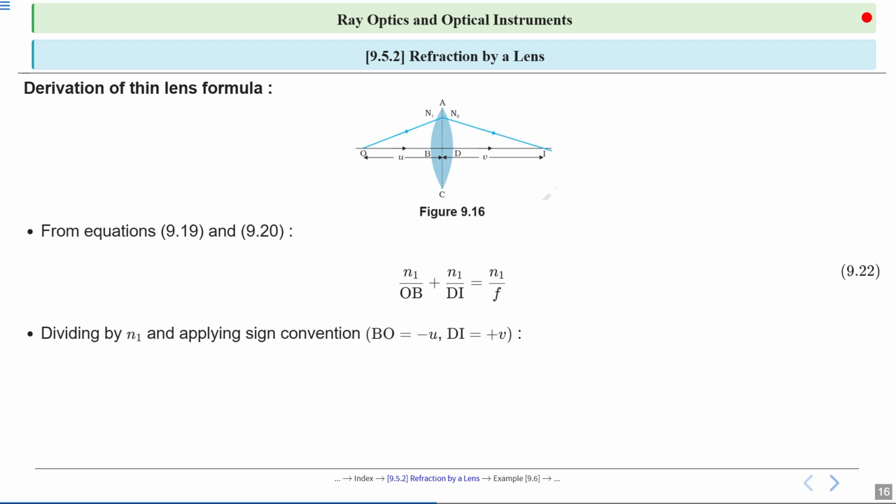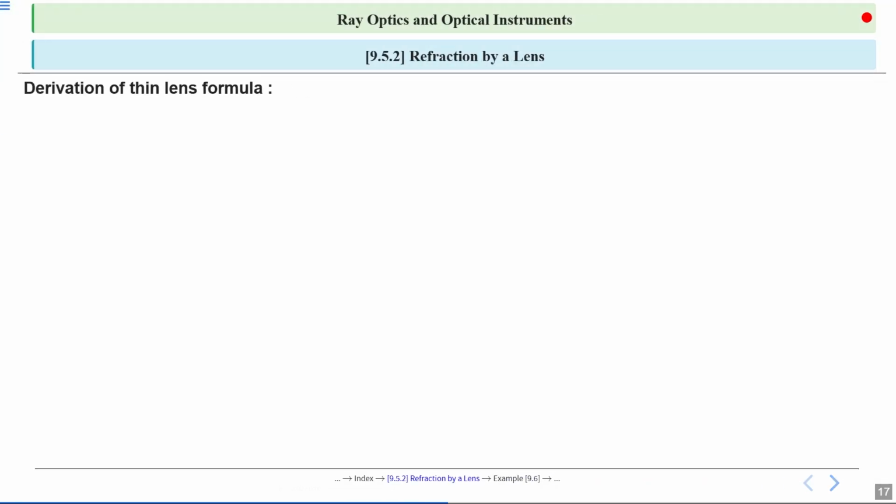So OB, or we can say BO, is minus U and DI is plus V. Dividing by N1 on both sides, it becomes 1. So 1 upon V minus 1 upon U equal to 1 upon F. Mark it as equation 9.23.